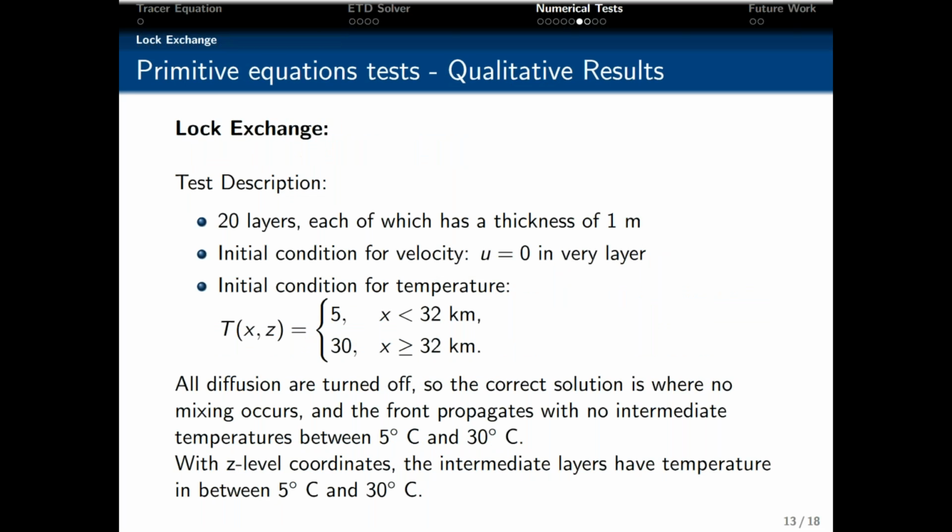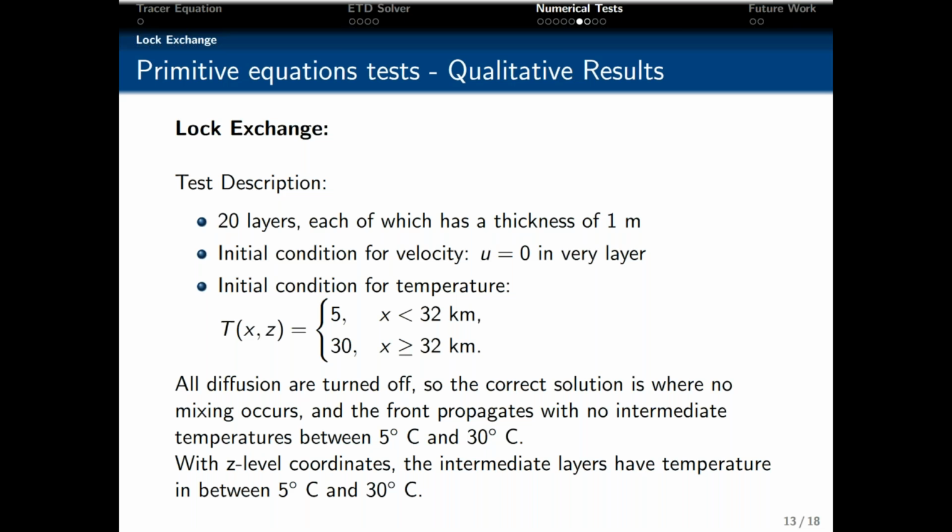Then some qualitative results for the primitive equations. So we decided to incorporate our tracer equation in the wider context of the primitive equations, and to solve the dynamics, we simply added a second ETD solver. So we are dealing with two tests here.